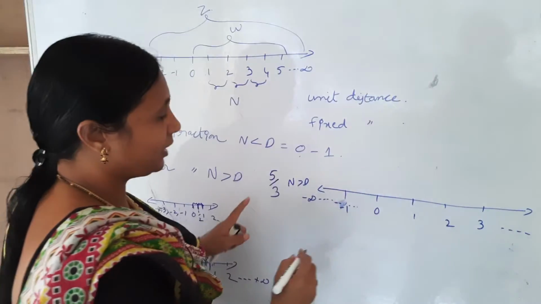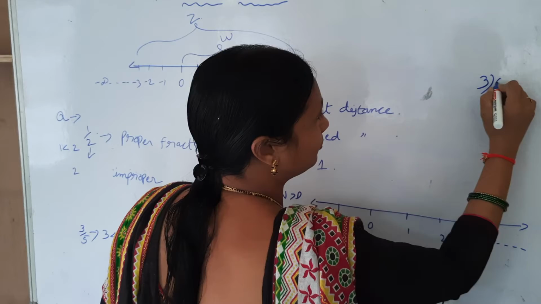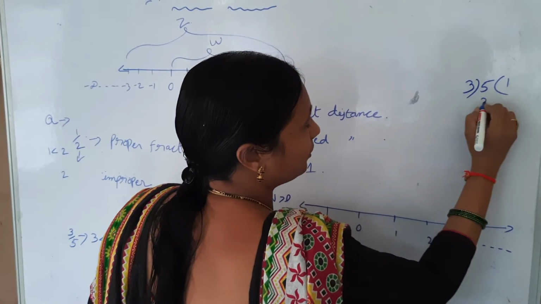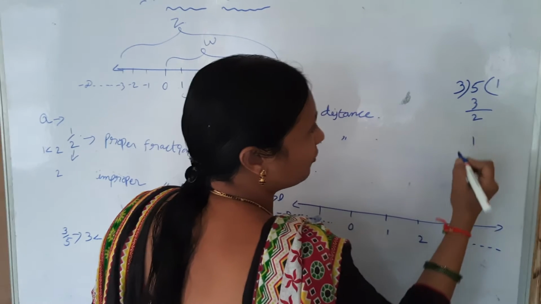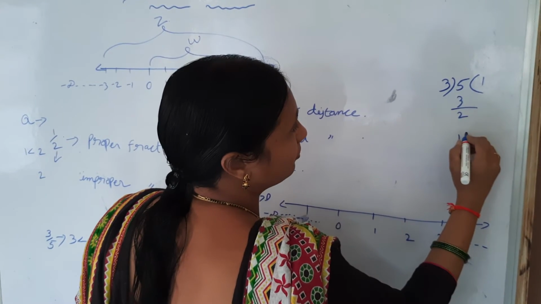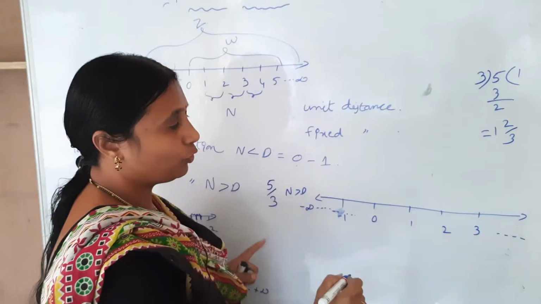Here 5 by 3 means we have to divide: 3 ones are 3, and the remainder is 2. We write the mixed fraction as 1, 2 by 3.